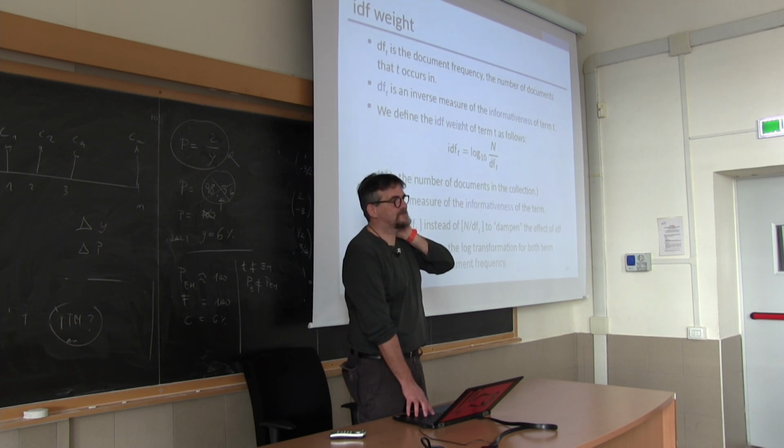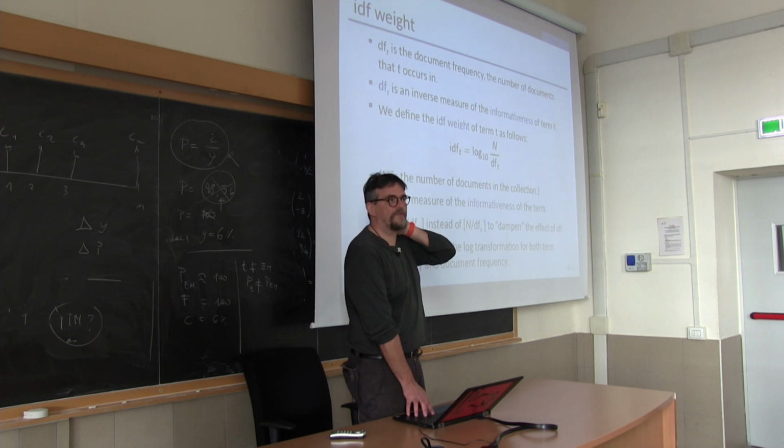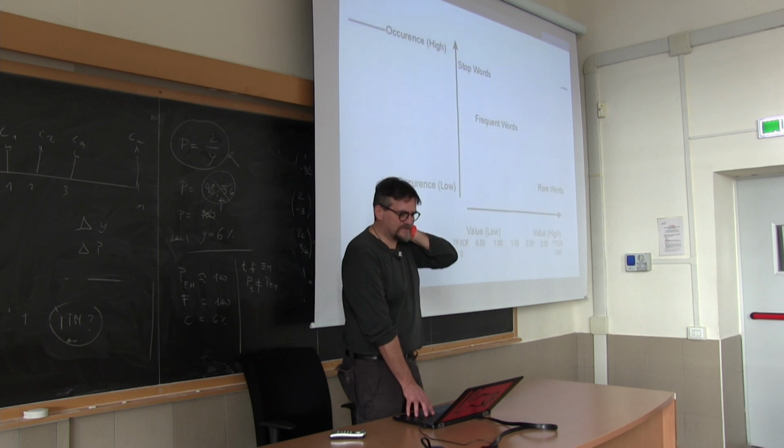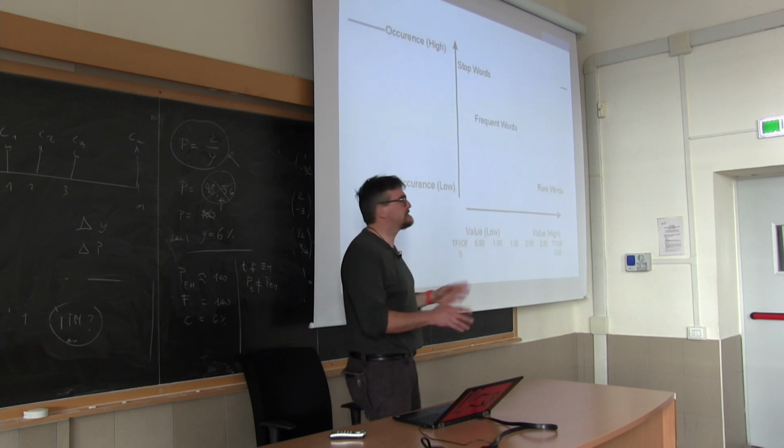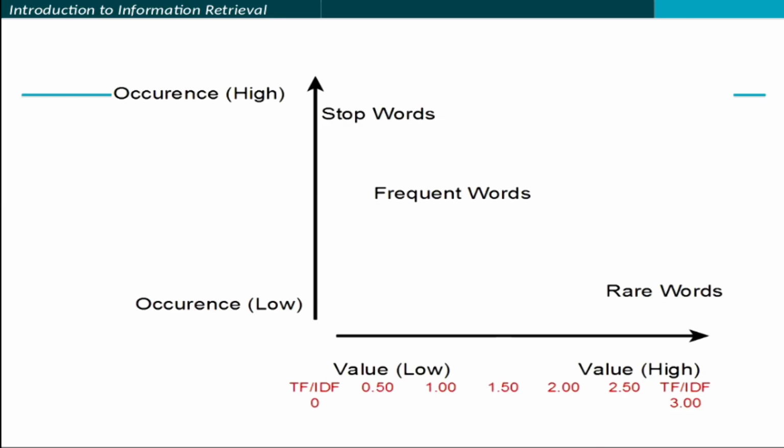We have noted that we have this logarithm both in TF, the term frequency, and in the IDF. So just to have a picture of the value of the tf-idf, the combination of the two: if you have very frequent words, you still have a positive value, but a small one.